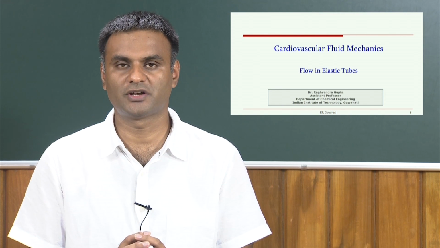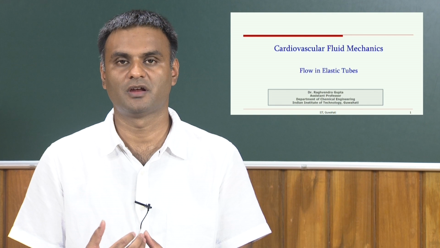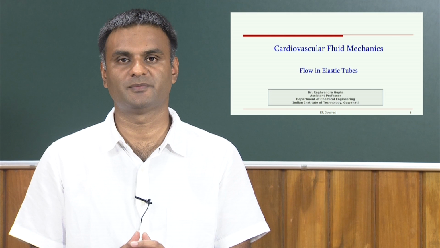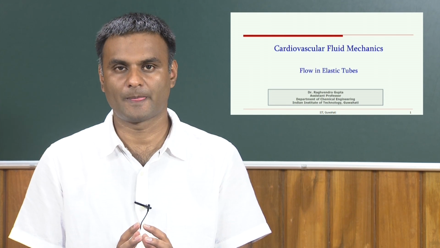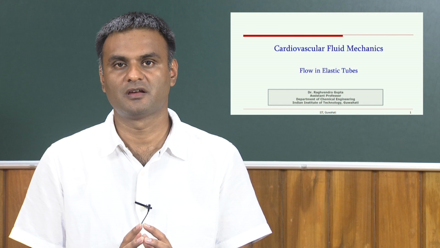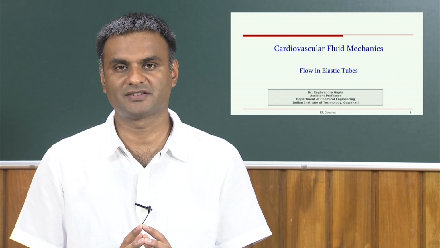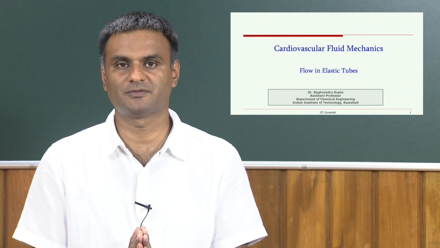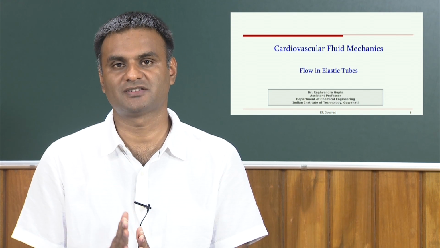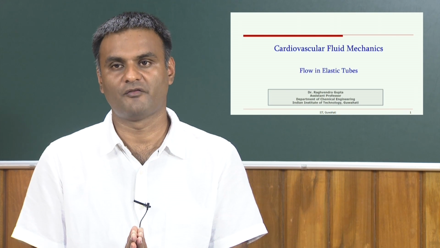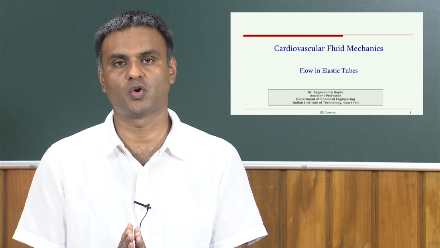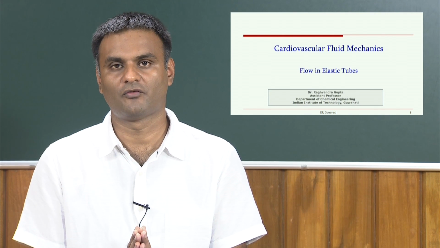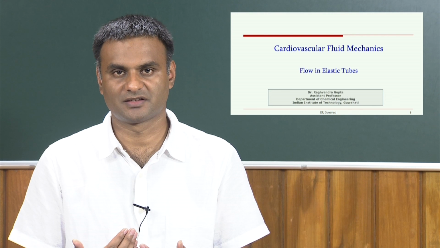We have also looked at pulsatile flow in rigid tubes. Now, in this lecture, we will relax the assumption of rigidity and try to understand the flow in elastic or flexible tubes. There is a difference between flexible and elastic tubes, because elastic tubes are the ones which strictly follow Hooke's law, which is not necessarily true for blood vessels.